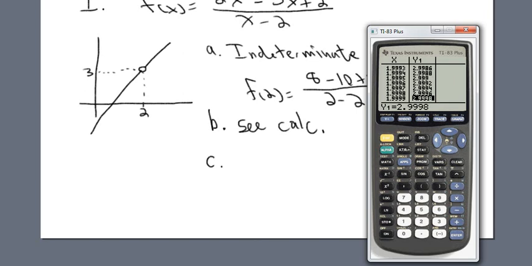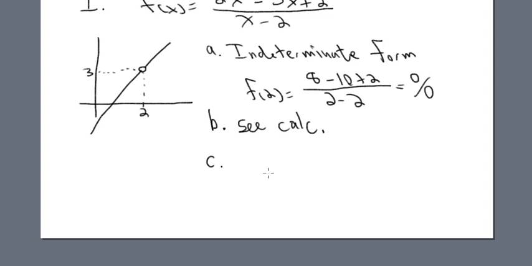So I'm going to go ahead and put that down here. So if x is 1.9999, y is 2.9998. 1/10,000th away means 2/10,000ths away.